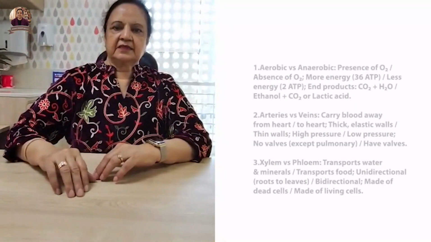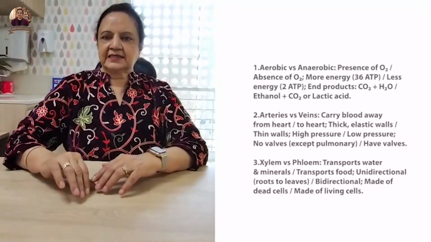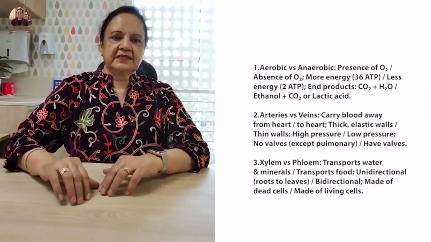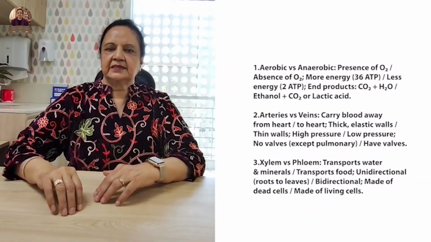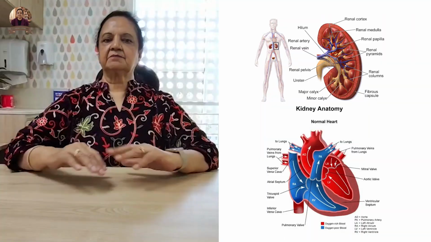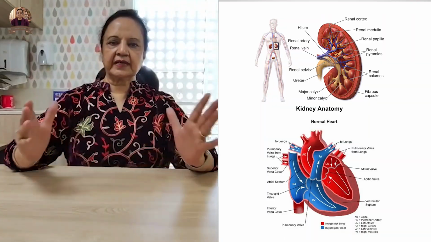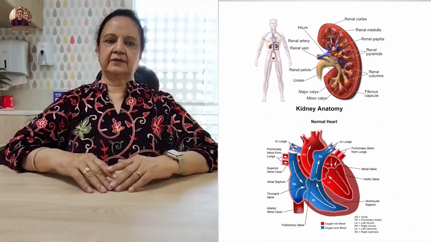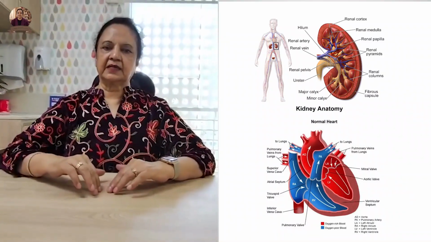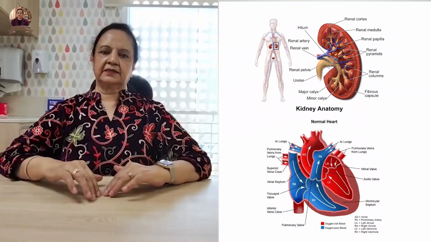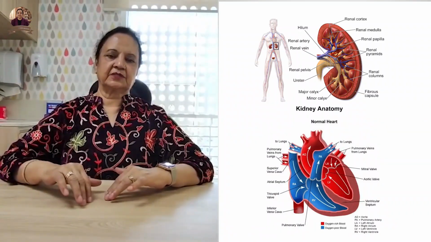In humans, anaerobic respiration occurs in the muscles during heavy exercise when oxygen supply is insufficient, producing lactic acid that causes cramps. In humans, blood goes through the heart twice in one complete cycle. First, the pulmonary circulation, heart to lungs, lungs to heart, for oxygenation.